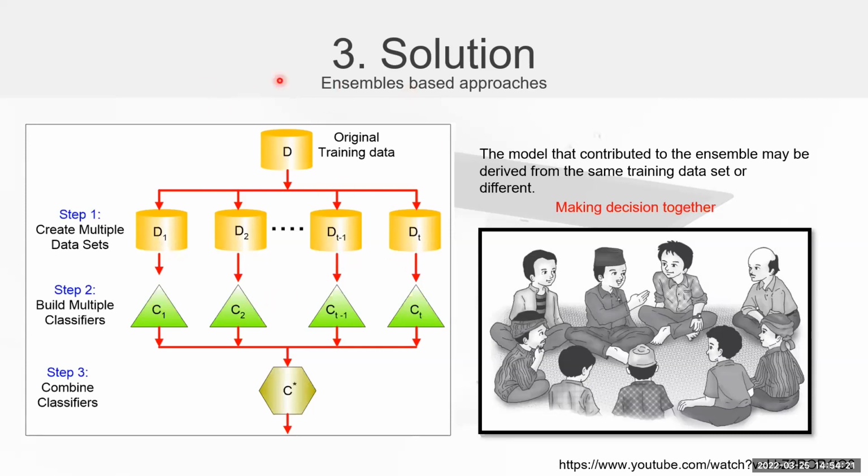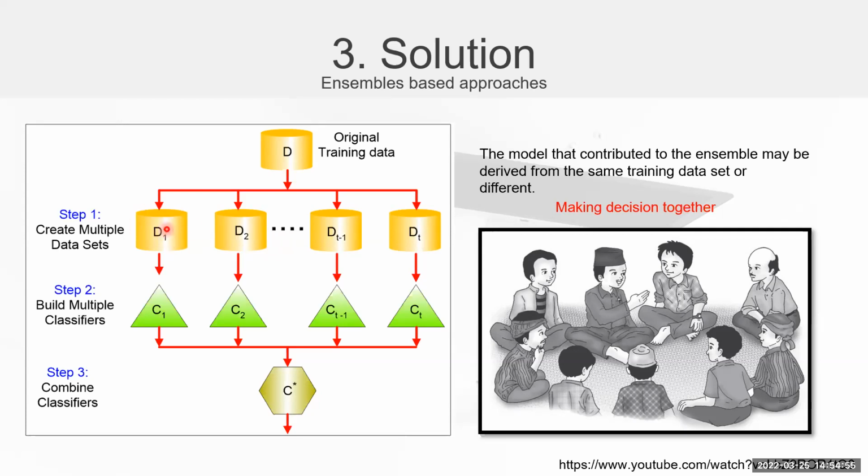We have the original training data, and from the original training data we can divide it into some partitions, D1, D2, until DT, each different from the original. Maybe the number of data is the same, but actually the data is different. Where is the difference?